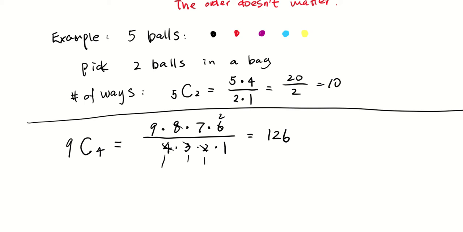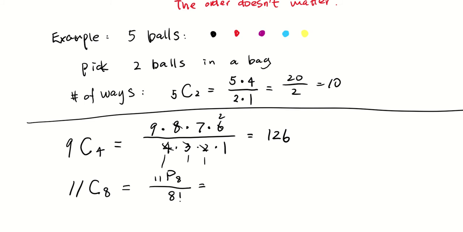Another example. Find the combination of choosing 8 out of 11, for example. On top, it will be the permutation of choosing 8 out of 11, divided by, the bottom will be the factorial of 8.